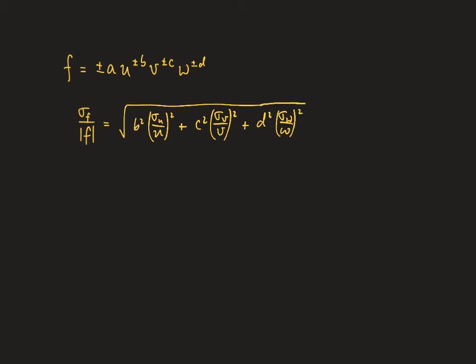Okay, and there are various other expressions in the lab manual as well, but the thing you can see here is what we talked about earlier, that if you have a power plus or minus b there, it ends up being squared and multiplied by the relative uncertainty squared.